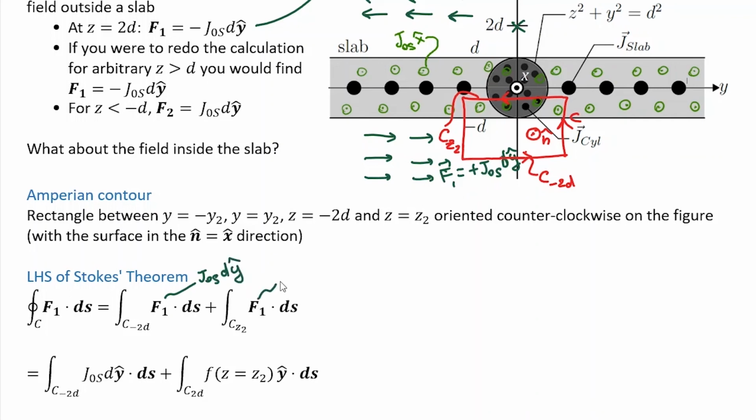And here I wrote it as some function of z evaluated at z2 times y hat. It's the y hat direction and then the z component. Remember the notation we were using before, how we're assuming that F1 is some f of z times y hat. This is what I wrote here.